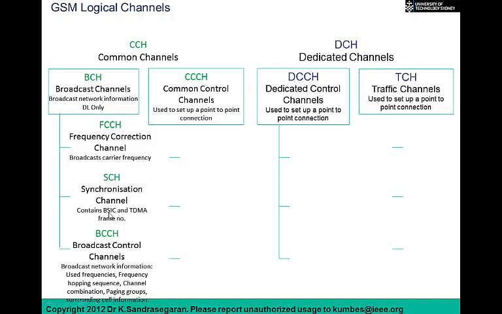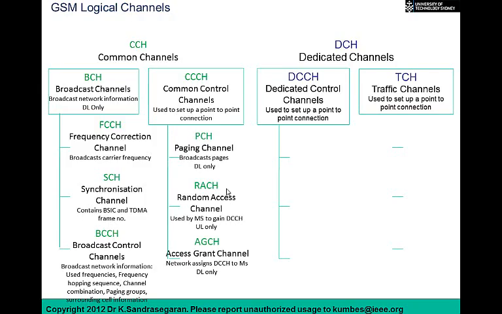Every user in a mobile network will be able to listen to this information transmitted on the broadcast channel, and to find out more about the network that the mobile is currently located in.